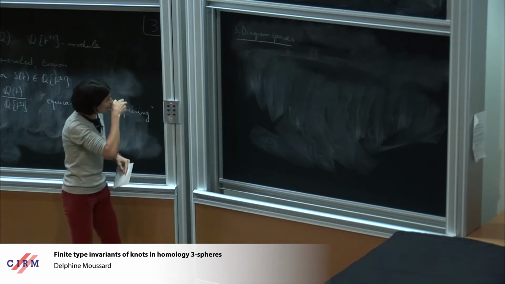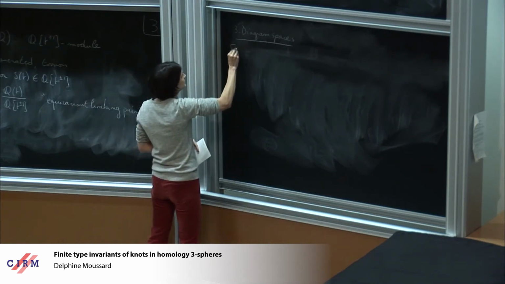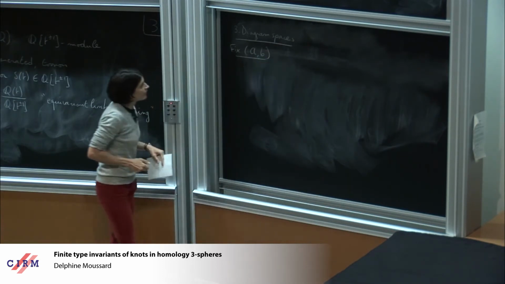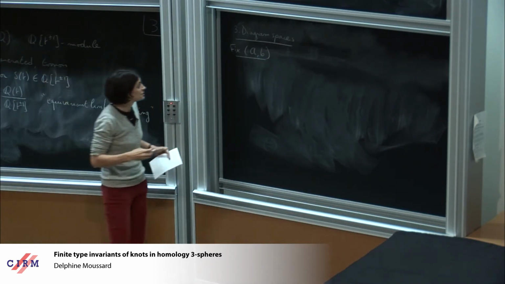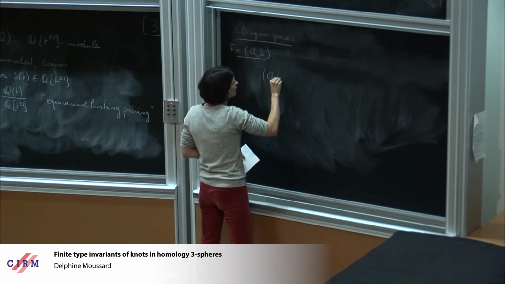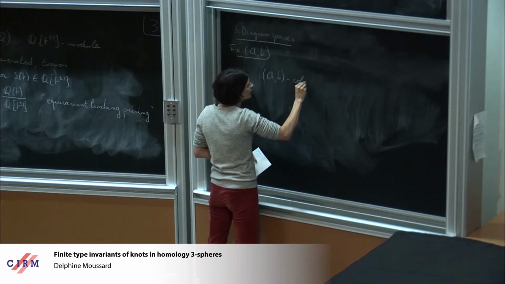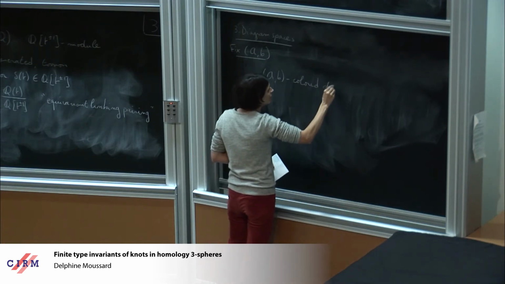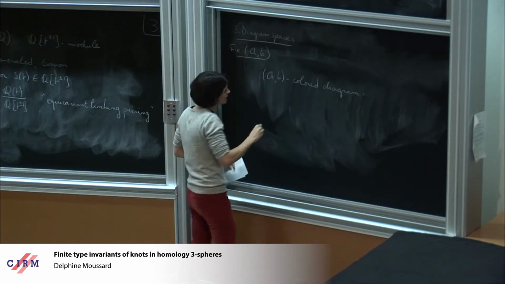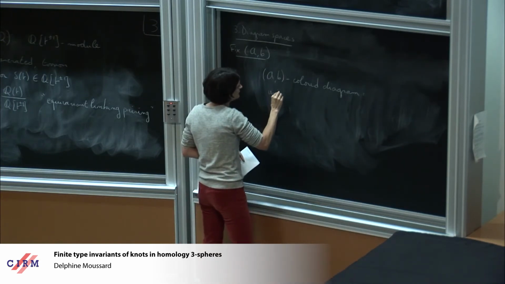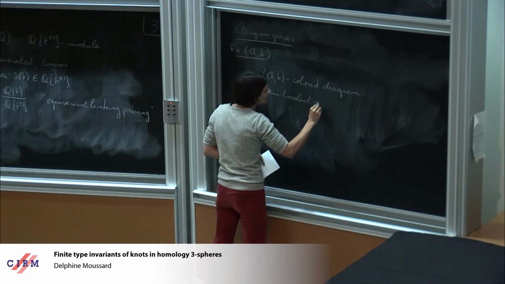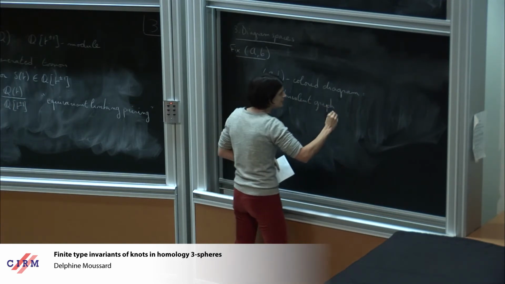So we still have our fixed Blanchard module (A, B), and we will define a notion of AB-colored diagram. An AB-colored diagram is a univalent graph with some labels.